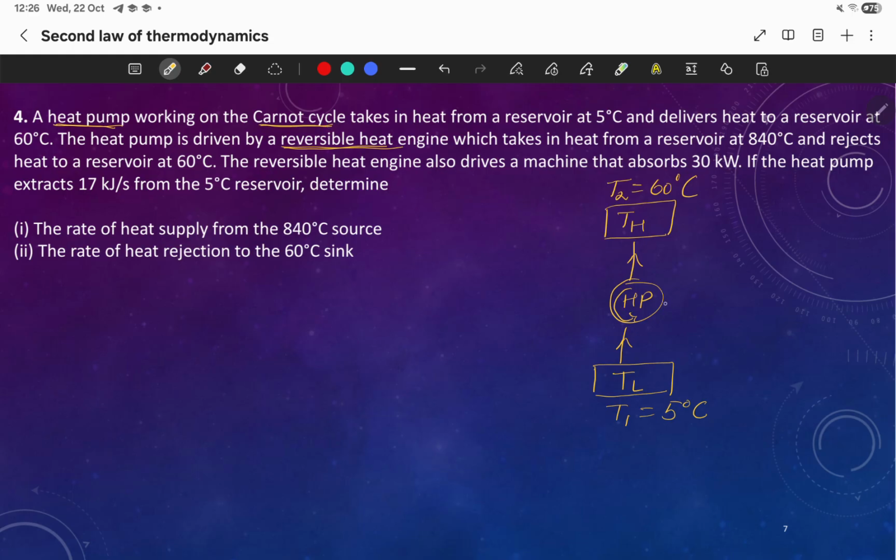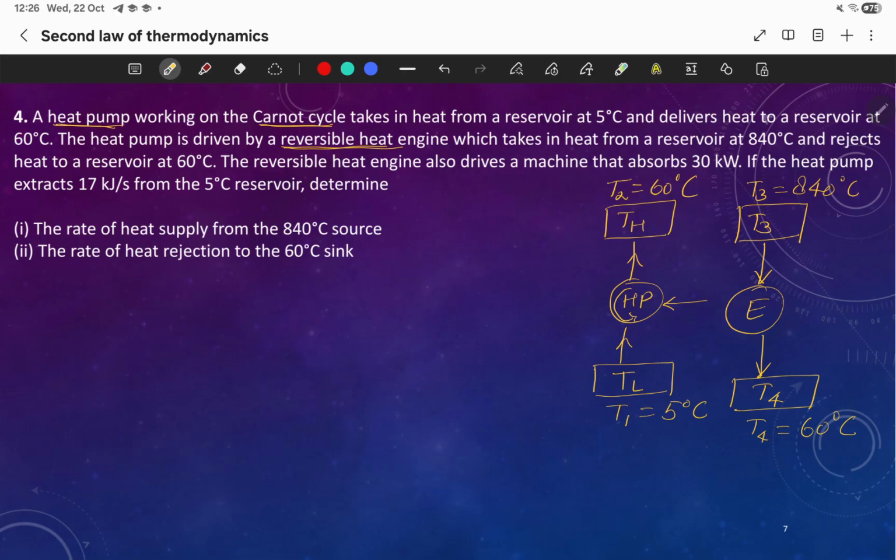This heat engine takes in heat from a reservoir at T3, given as 840 degrees Celsius, and rejects heat to a reservoir at T4, given as 60 degrees Celsius.